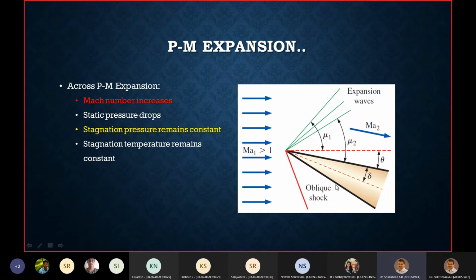Static pressure reduces, as opposed to the increase across an oblique shock. In an expansion fan, static pressure drops. Stagnation pressure drops in the case of oblique shocks, but stagnation pressure remains constant across an isentropic Prandtl-Meyer expansion fan.